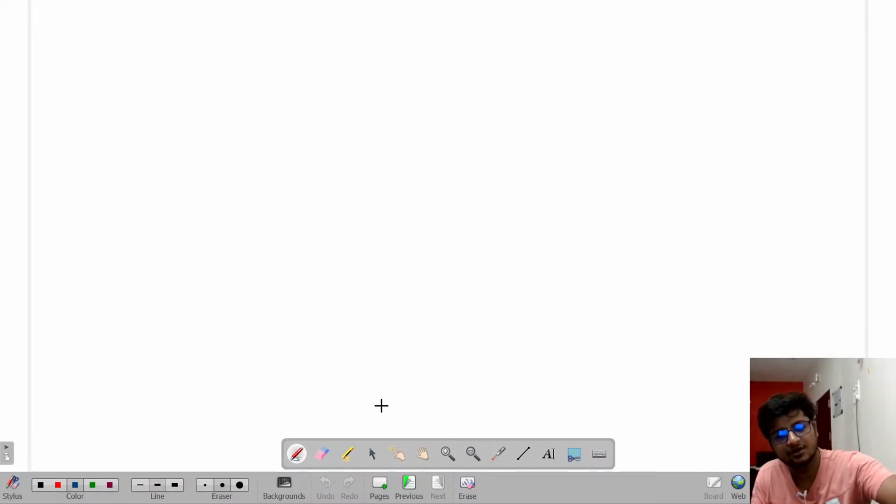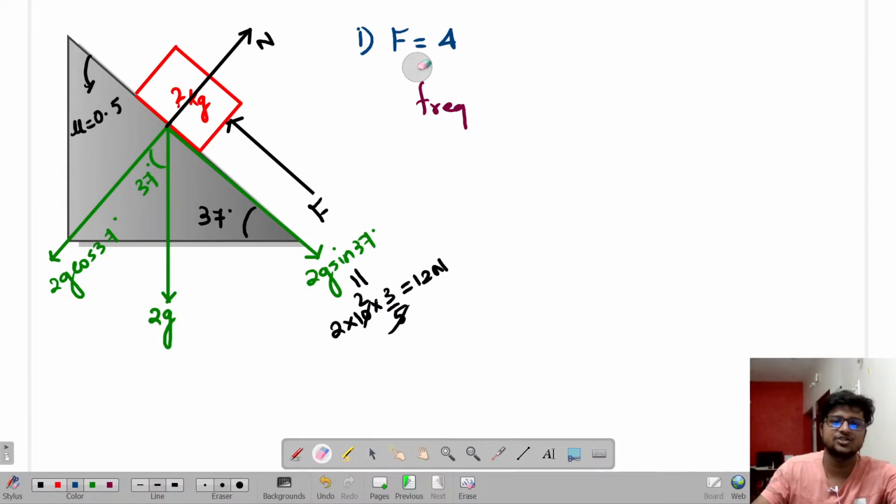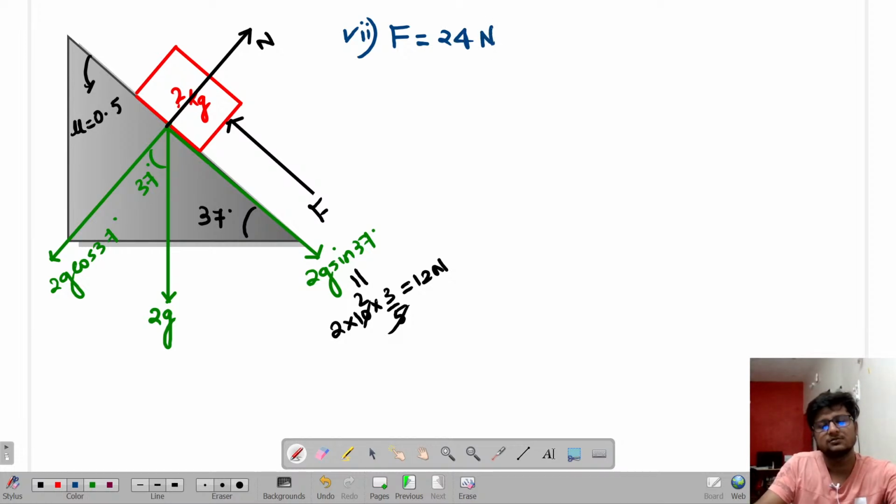Next, control V. Let's again check. 24 Newton. Tell me the answer. Body will move upward. Find the acceleration and friction both. Friction will be 8 newtons.